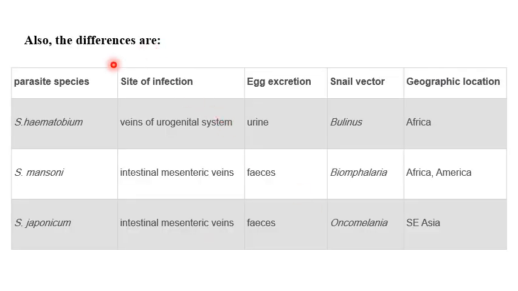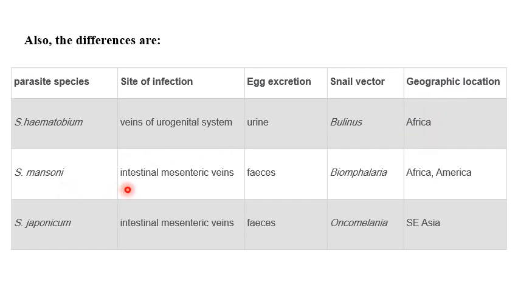Also, the differences are these. Schistosoma haematobium: the site of infection is the veins of the urogenital system, with egg excretion in the urine. The snail vector is Bulinus species, geographical location Africa.